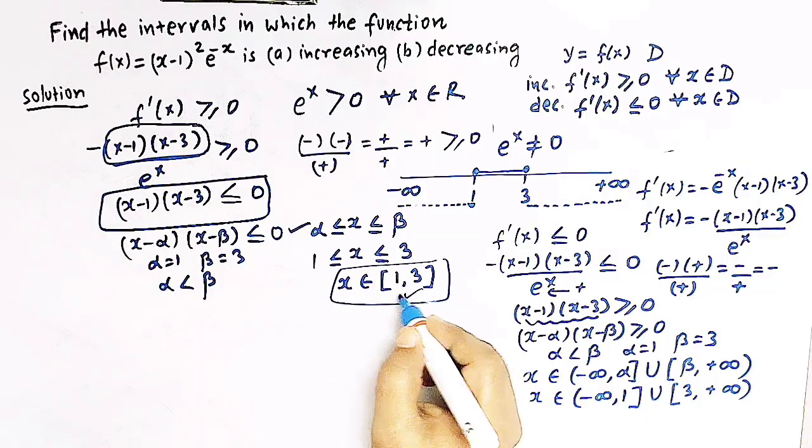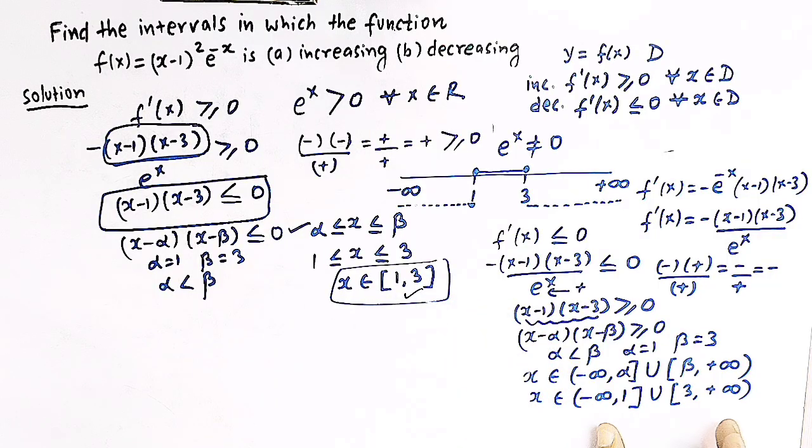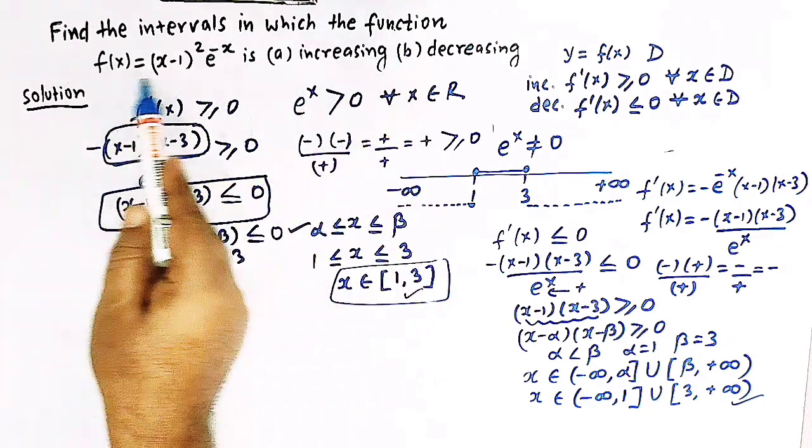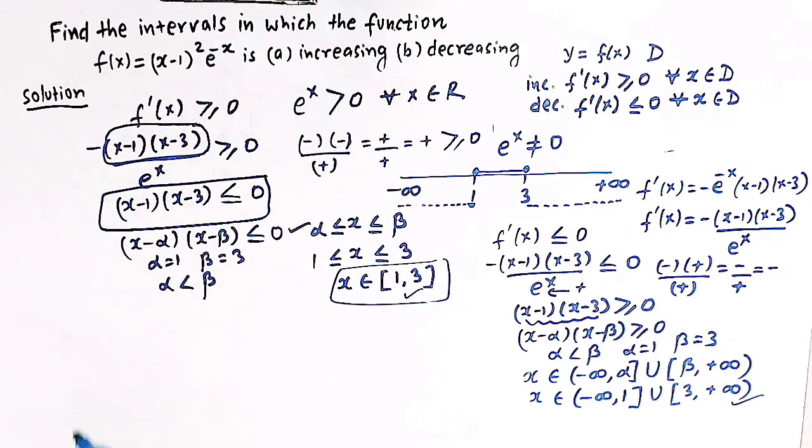This is for increasing function, and minus infinity to 1, union 3 to infinity is for decreasing function. So this is how we can find out the intervals where this function is an increasing function and a decreasing function.